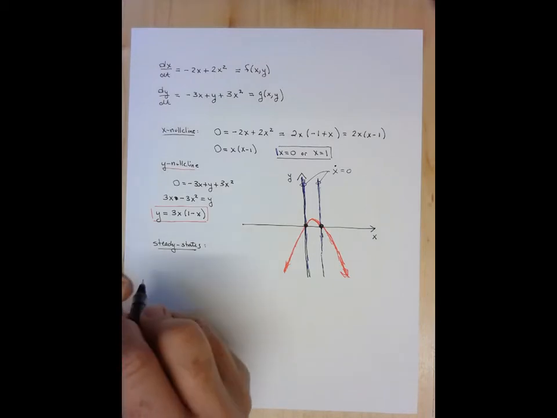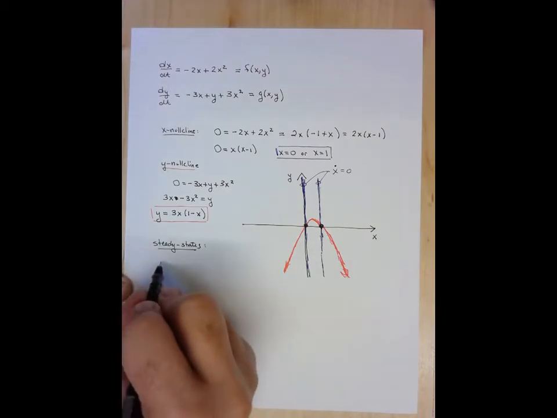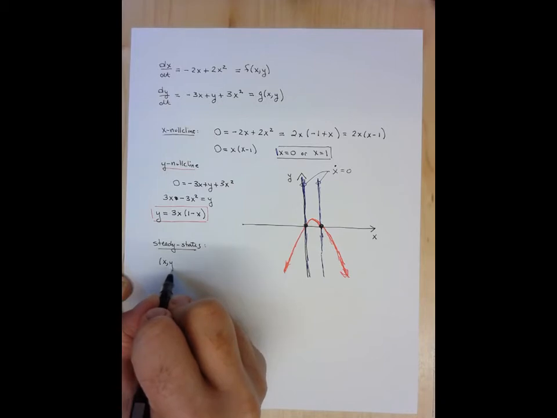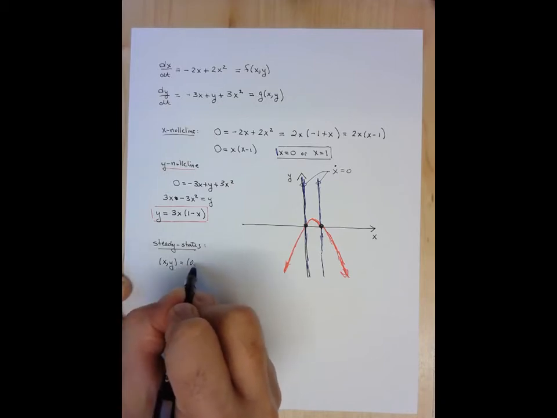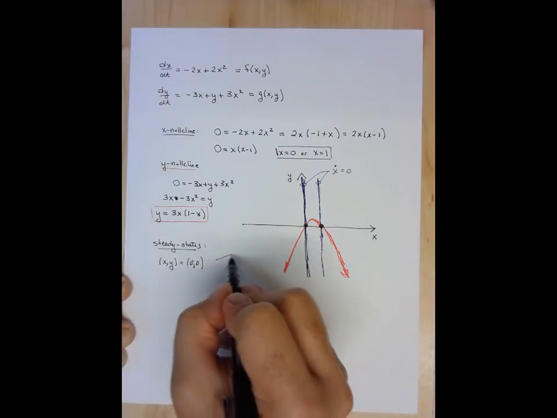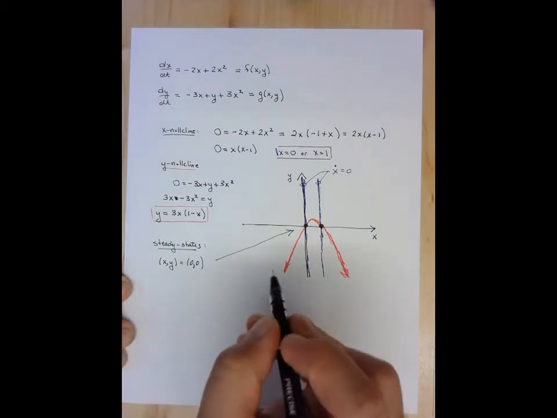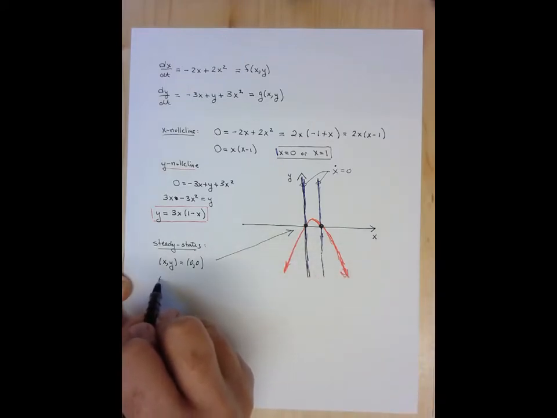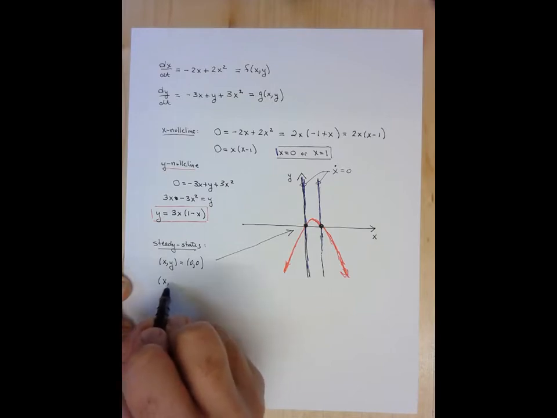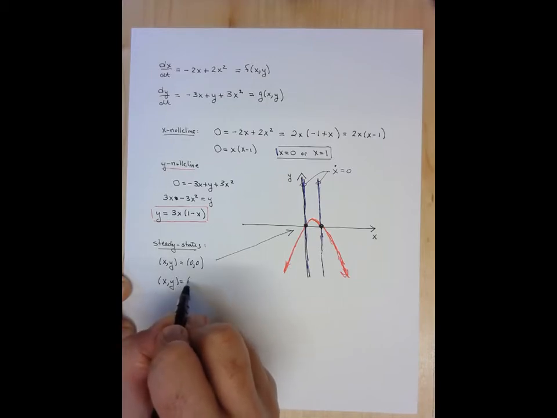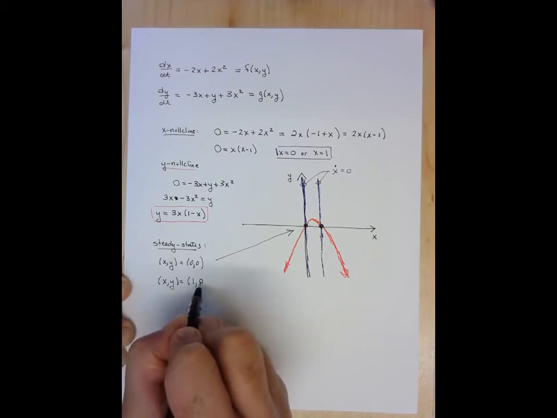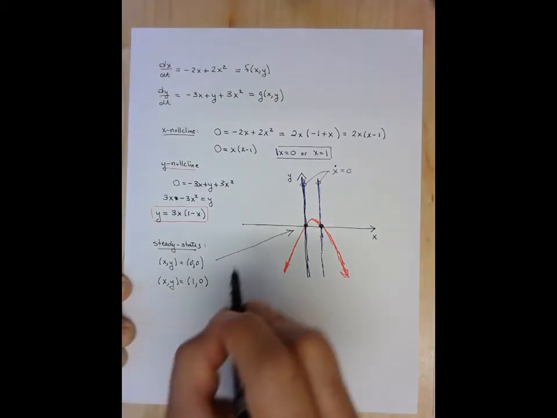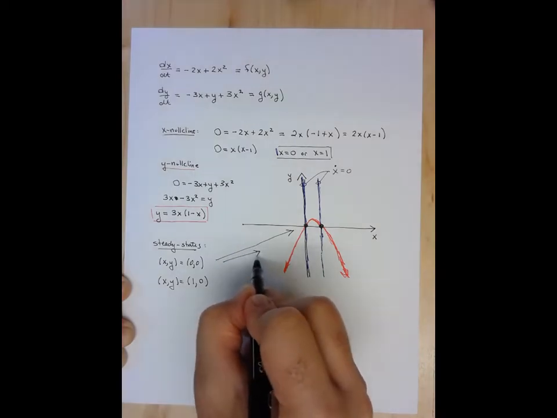One steady state is both x and y being equal to 0. And that's this one. And there's another steady state, which is x equal to 1 and y equal to 0. And that's to the right.